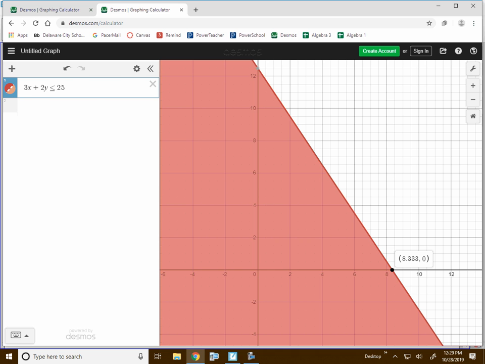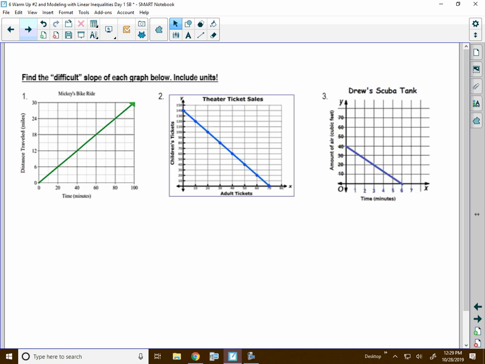The last question's a little bit strange, but, you know, OST can be strange. It says, find the slope of each graph below. Include units. Okay, difficult slope just means you need to read the axes. So if we look here, we start at 0. We'll just say we go up here to this first point. What is my rise? 6, and my run? 20. 6 over 20.